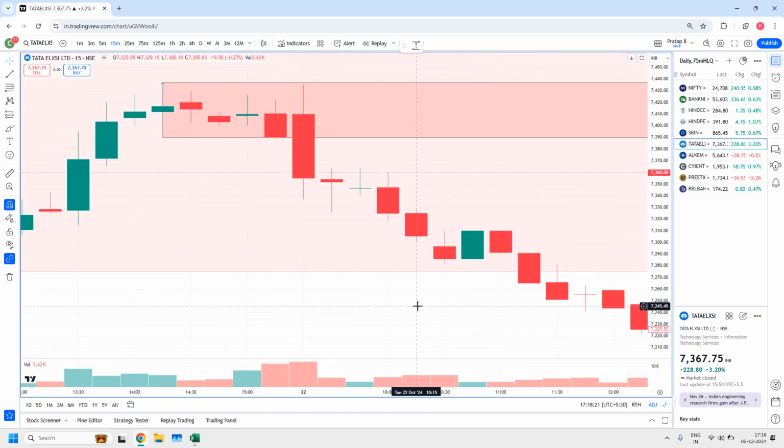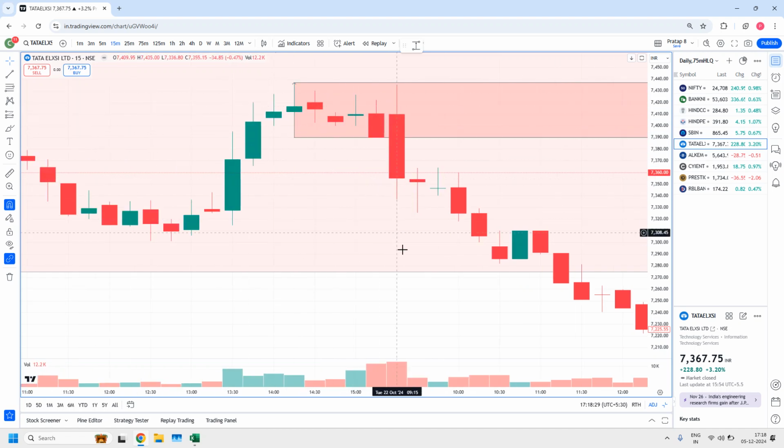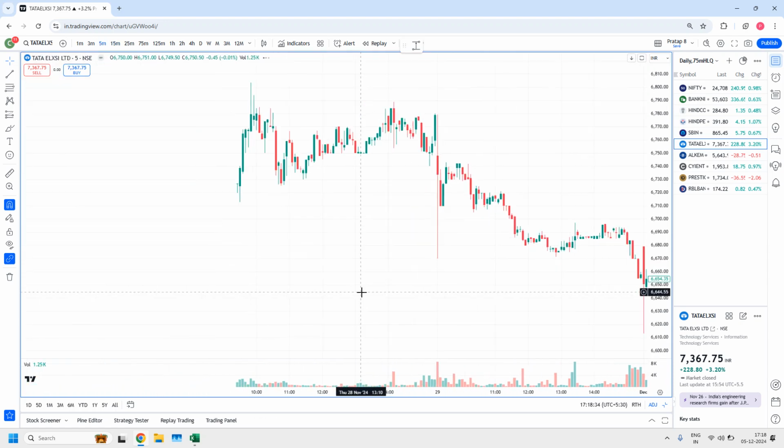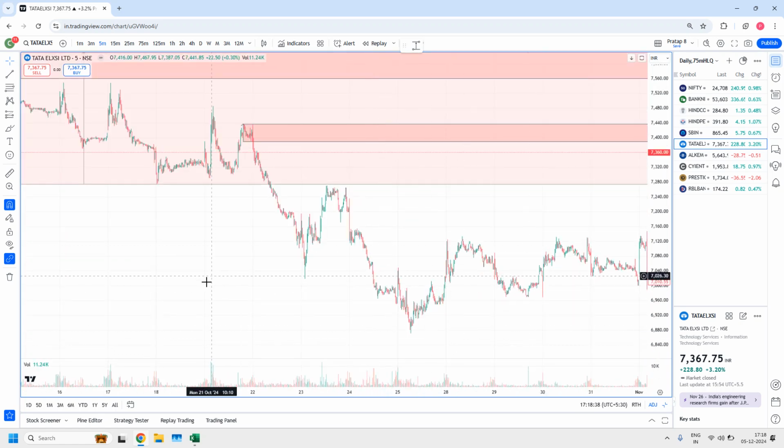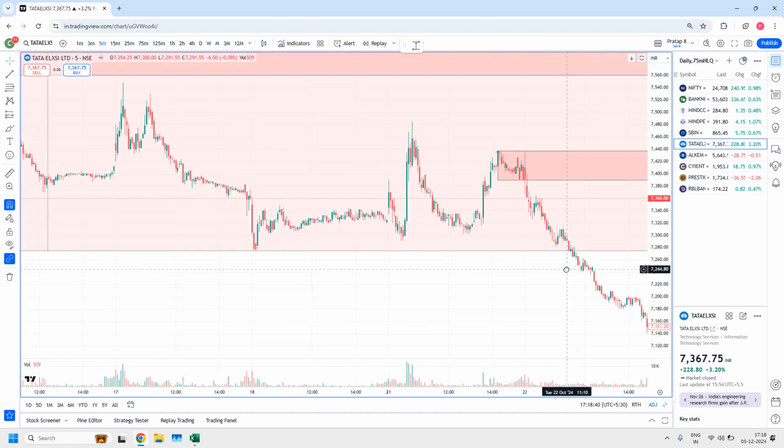But still, why I didn't consider it is that this entire 75 minute zone is also the same as a 15 minute zone. That means risk is too much. If you go to 5 minutes, you will get better clarity in that area. You will see the real problems in the 5 minutes area.